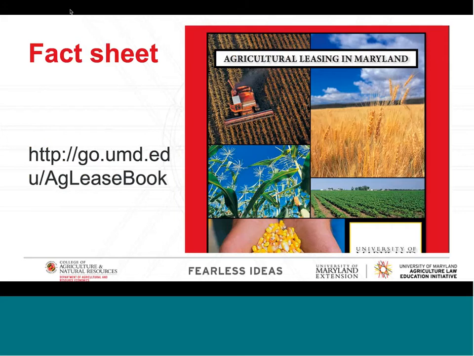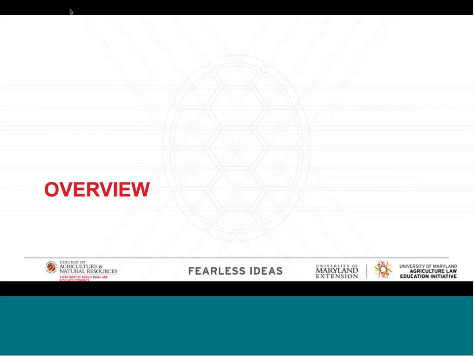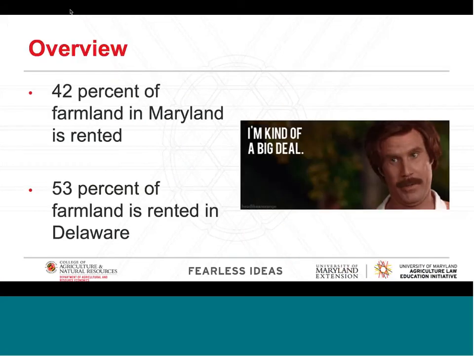There are other videos talking about some of the issues that we're going to talk about today, to do more in-depth on them. I'm just going to hit a broad overview today. To give a little bit of an overview of the topic, 42% of all land in Maryland is in some way rented. Farmland specifically. I looked at Delaware, it's about 53%.